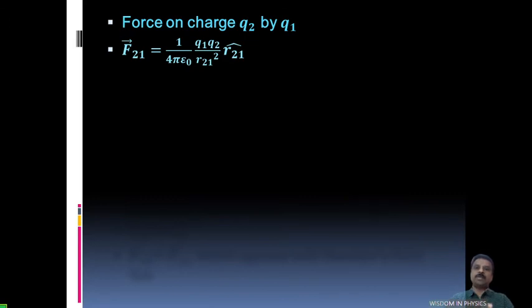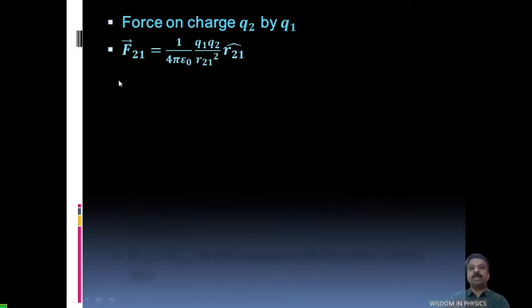What is our second charge? Q2. What is our first charge? Q1. So the force acting on Q2 by Q1 is represented by 1 upon 4 pi epsilon naught Q1 Q2 divided by R21 square into R21 cap. If you multiply this numerical value by this unit vector, you will get the vector representation. If any number is multiplied by the corresponding unit vector, it becomes a vector.